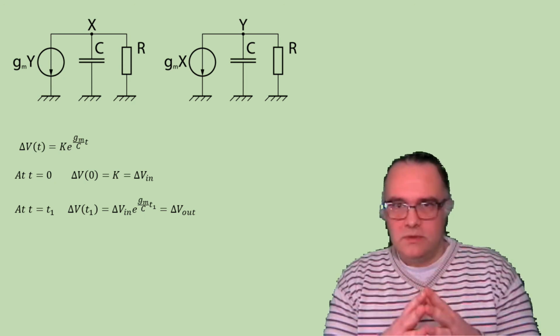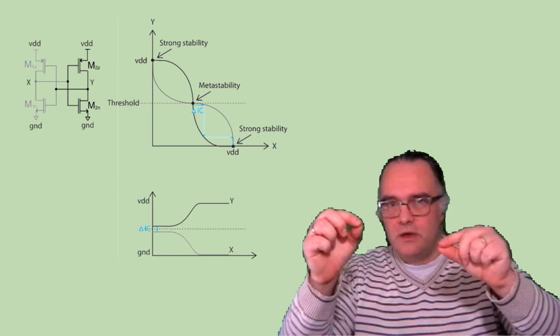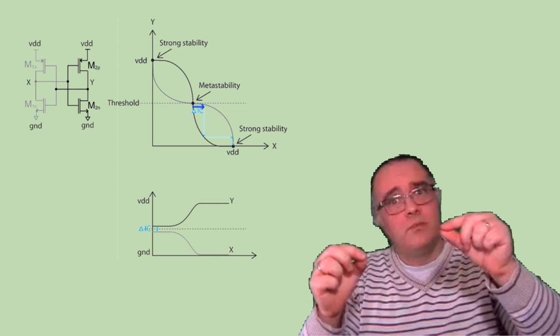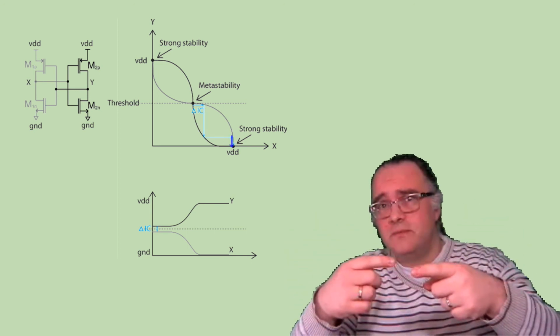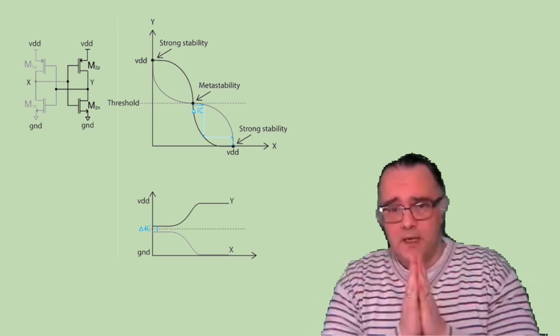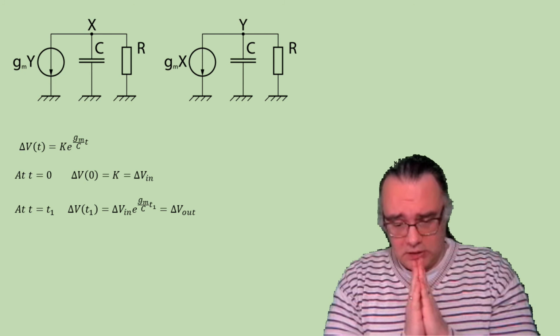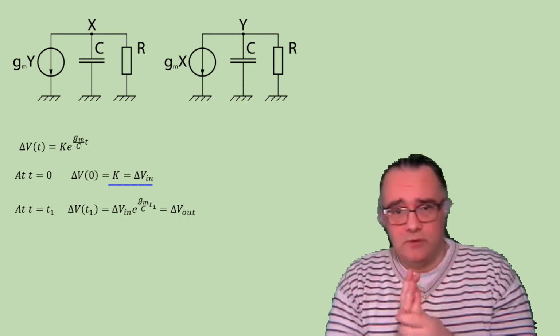So we assume that we start at the metastable point, and then we require a little bit of unbalance, the initial condition, or input voltage, delta V in, to activate the positive feedback of the latch. So K, the coefficient of the differential equation, is the input voltage.